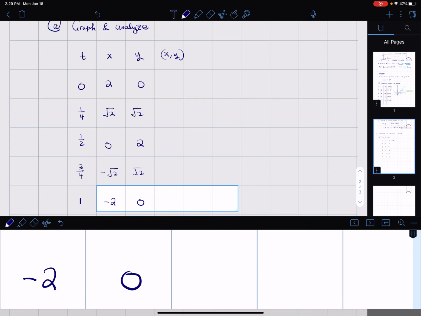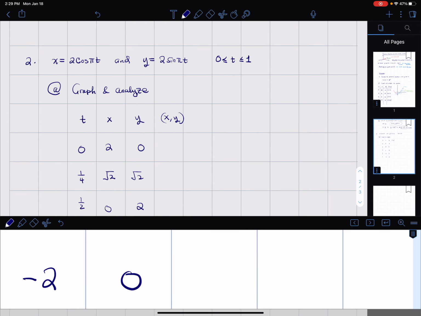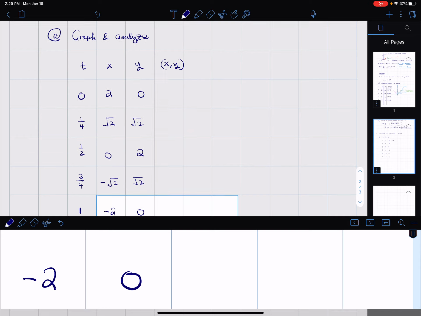All right. Plug in t equals 1. You get 2 cosine pi. Cosine of pi is negative 1. Multiply by 2, you get negative 2. Sine of pi is 0. Multiply by 2, you get 0.